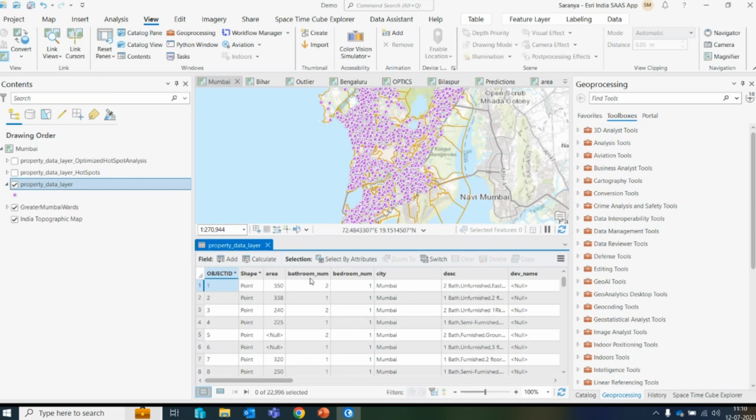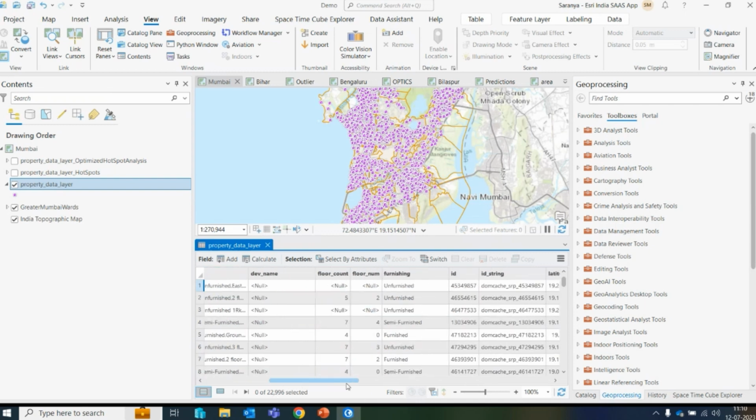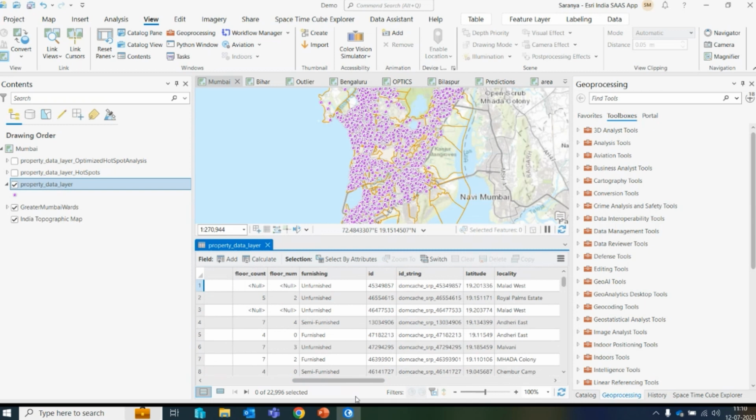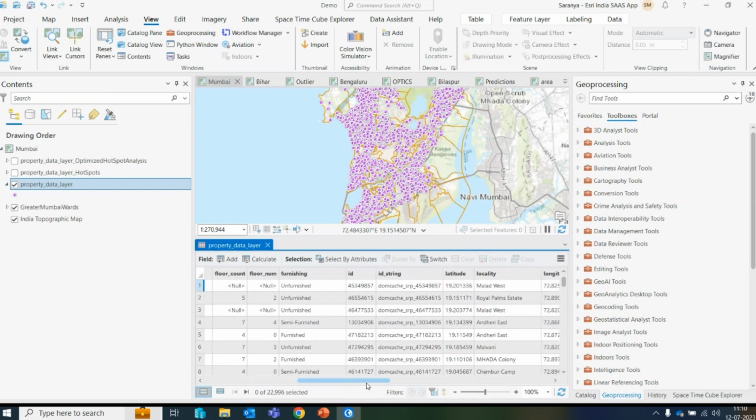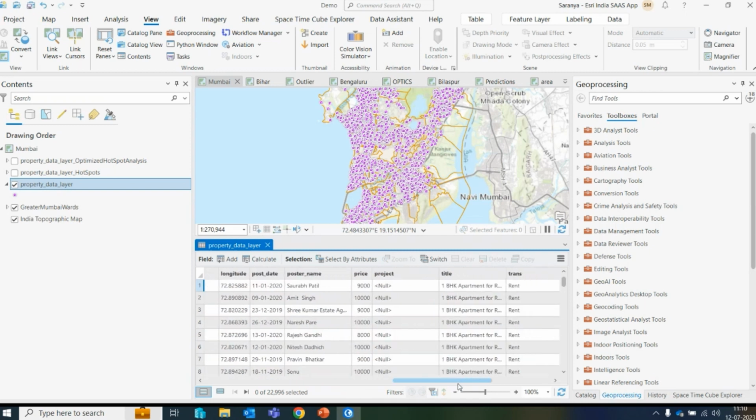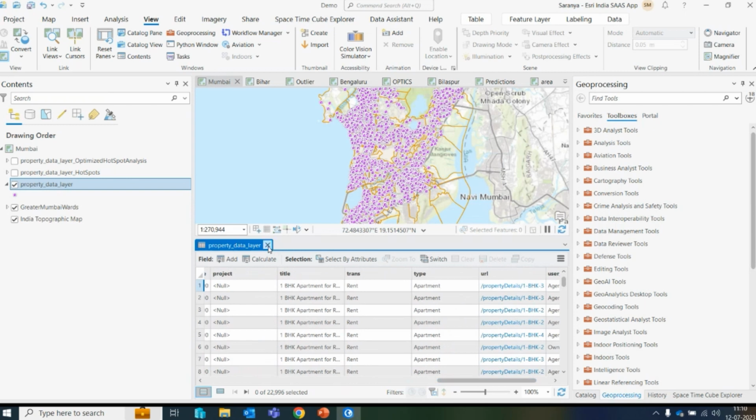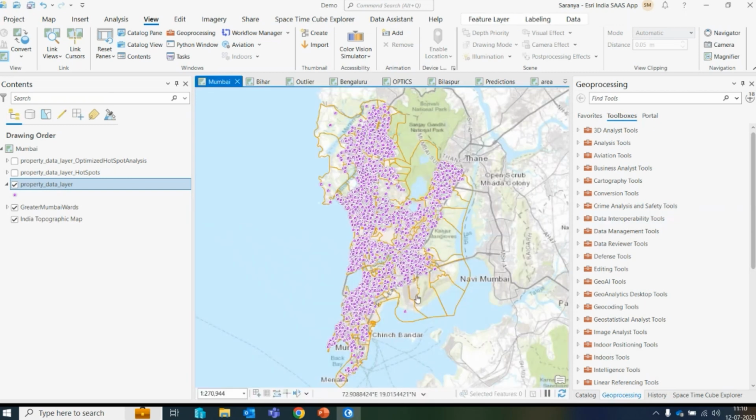It has information about the area footage, how many bathrooms and bedrooms there are, whether the property is furnished or unfurnished, what the locality is, and so forth.